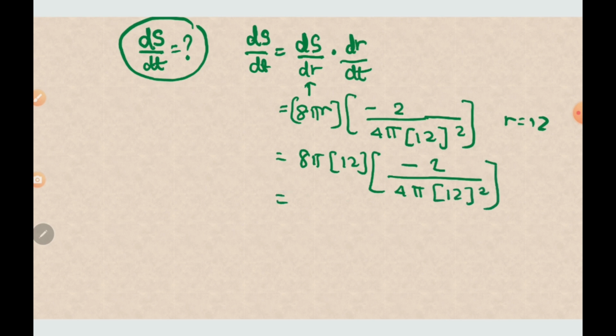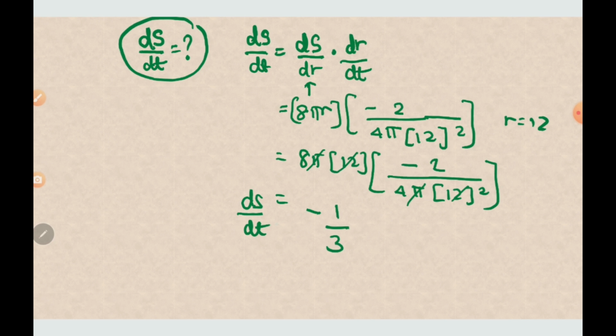You will get pi cancels out with pi, 12 cancels out with 12, and the answer is negative 1 over 3. Okay, this is dS dt.